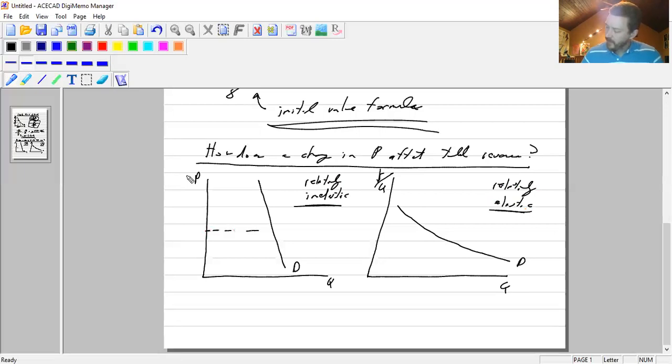We're going to assume that we start off at a price of 4, and the price of 4 gives us a quantity demanded of 100 in either case. I'm not quite drawing these to scale, but that's okay. But then we assume the price rises to 5.